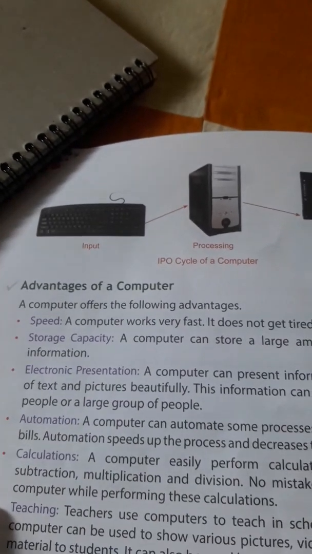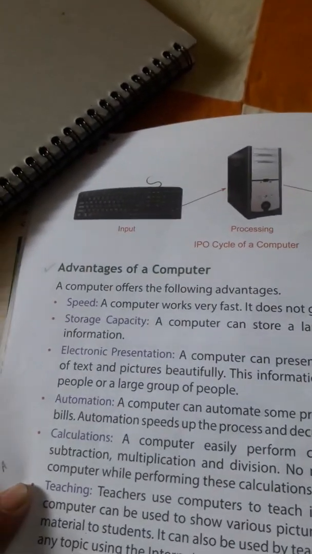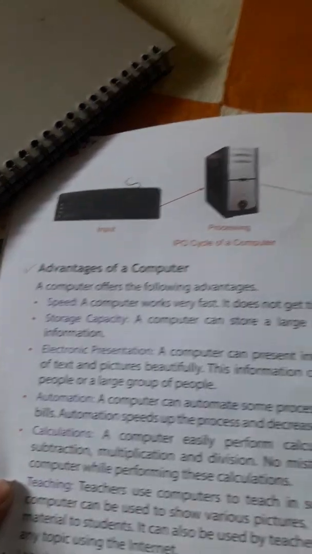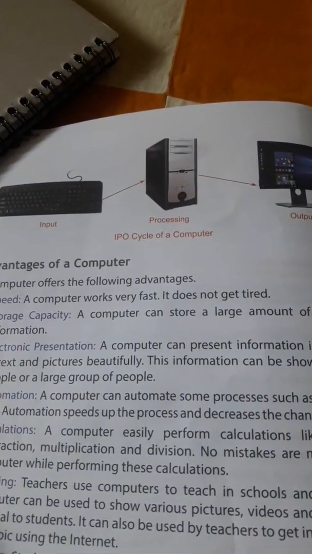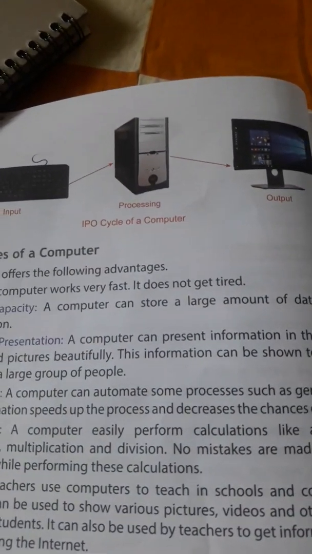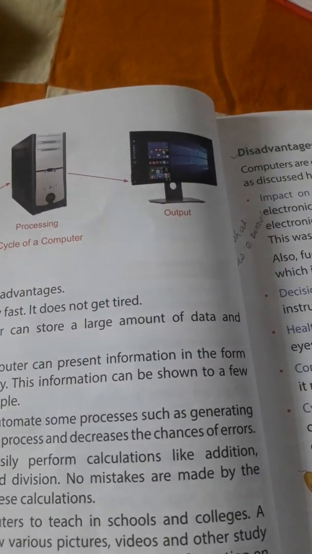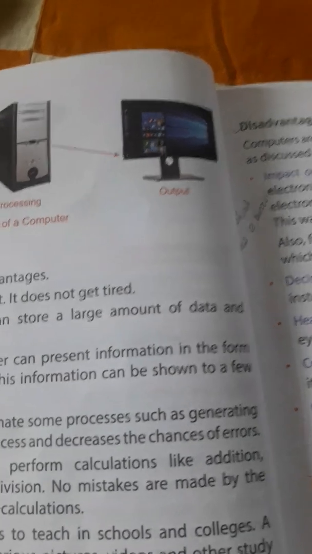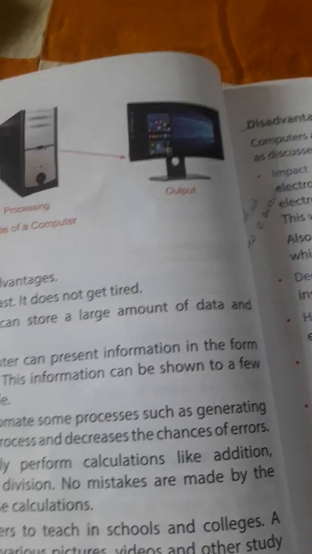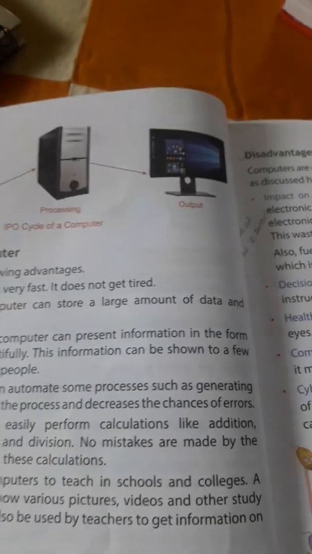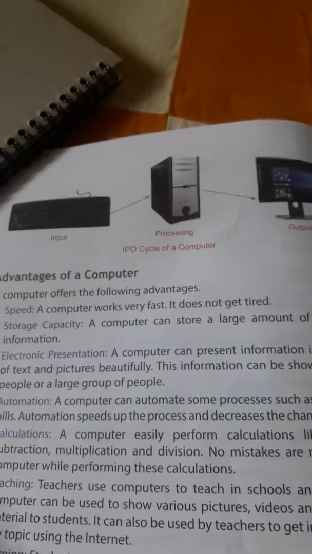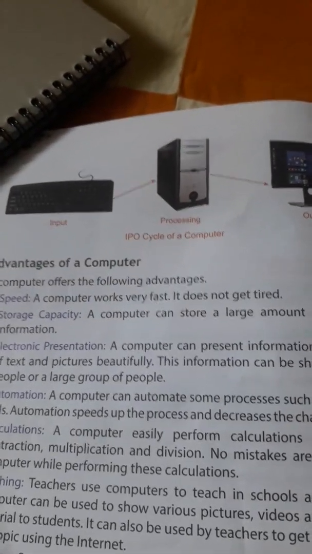We give input through the keyboard, so our keyboard is our input. Then where is the processing done? In the CPU. Then where do we get the result? We get the result on the desktop, so that is our output. So this is the IPO cycle of a computer.